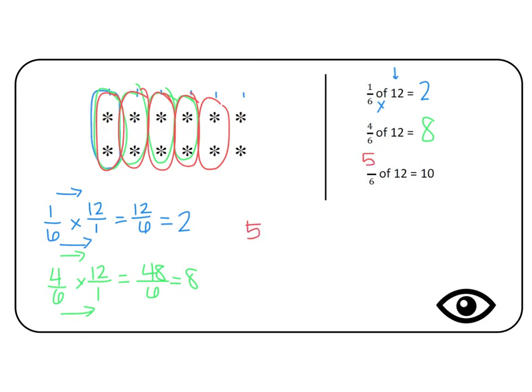So if I have 5/6 times 12 over 1, 5 times 12 is 60, and 6 times 1 is 6, and 6 goes into 60 10 times. So we can draw a picture of our 12 and circle, or we can use math to solve. Let's continue some problems together.